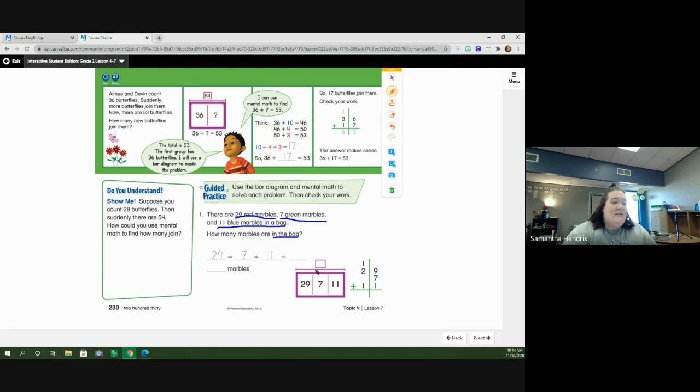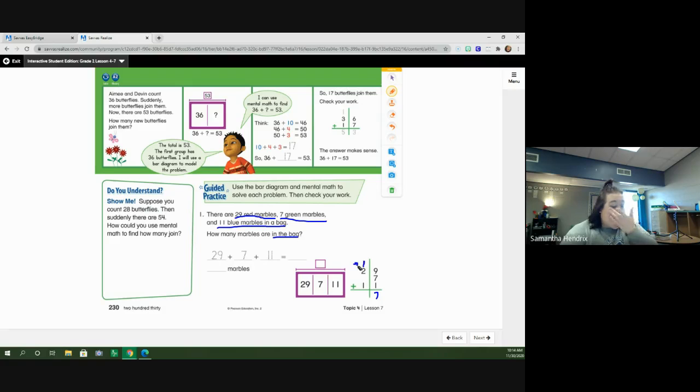So this is the bar diagram. This is not, that's just an equation. And then here's the equation written over here like this. They've already kind of done this and regrouped it for you. So 9 plus 1 is 10 plus 7, 17. And 2 plus 1 is 3.